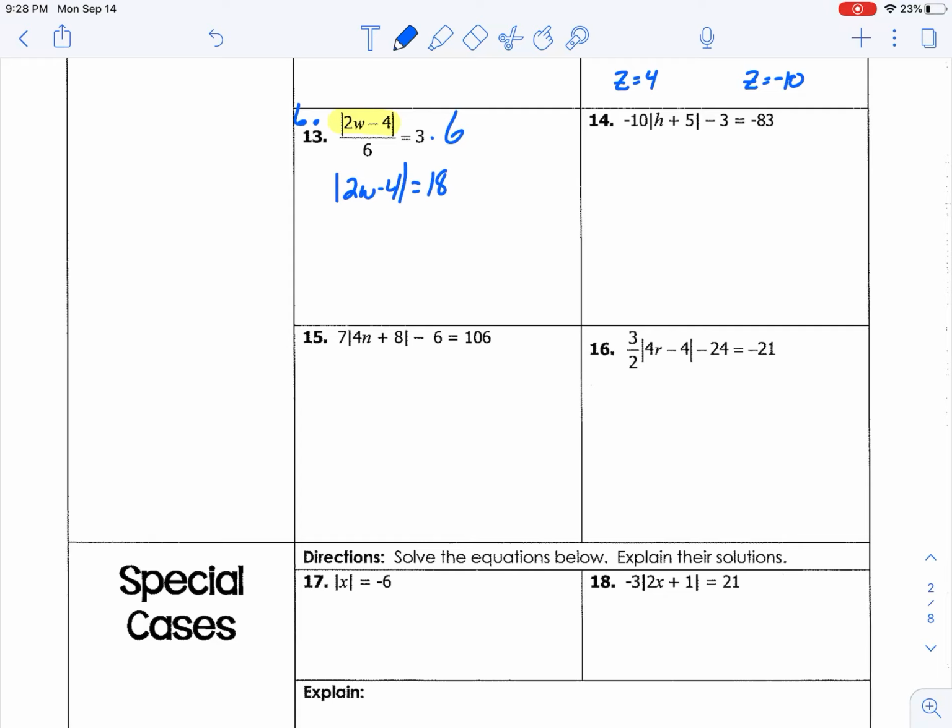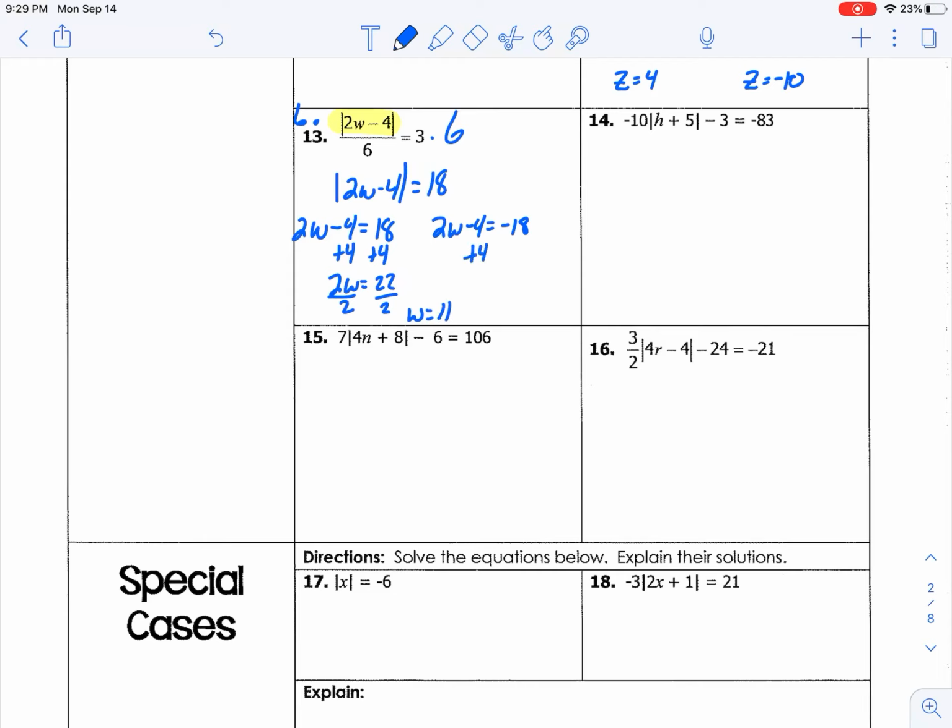And now since it's isolated, there's nothing else around it, we can set up my 2 equations. 2w minus 4 is equal to 18. 2w minus 4 is equal to negative 18. So we're going to add the 4 to get 2w is equal to 22. Divide out the 2, and so we get w is equal to 11.